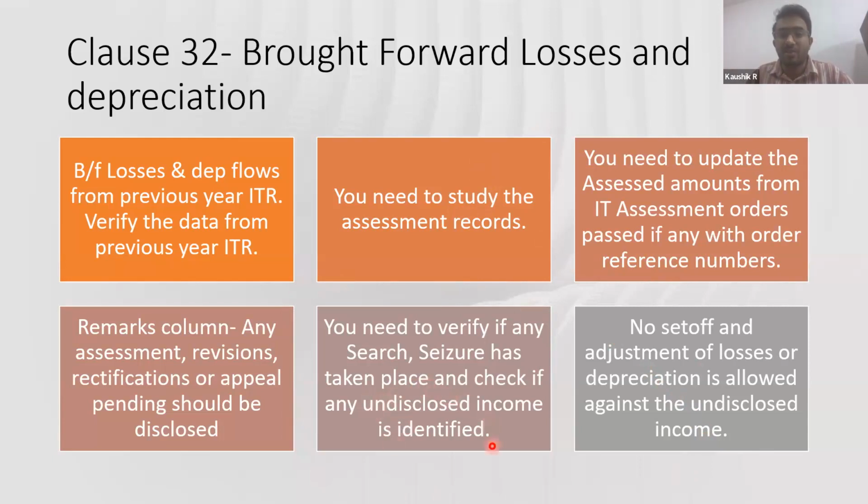Suppose there is an undisclosed income which the client has identified and accepted, then you cannot offset any of these amounts against that undisclosed income. So the auditor is responsible to see whether they have done any set off of the brought forward losses against such undisclosed income. Is it clear?